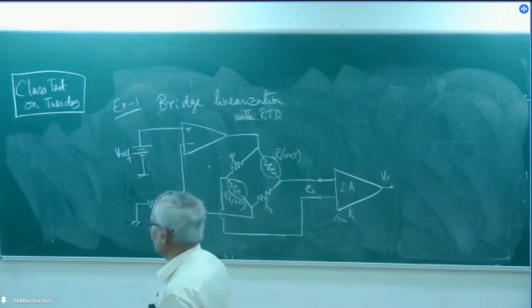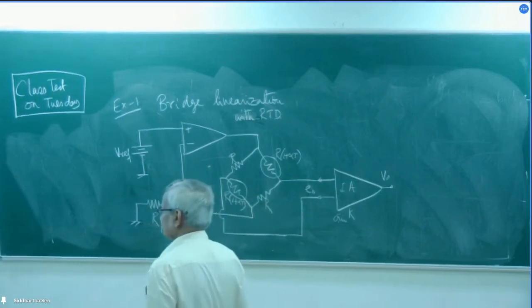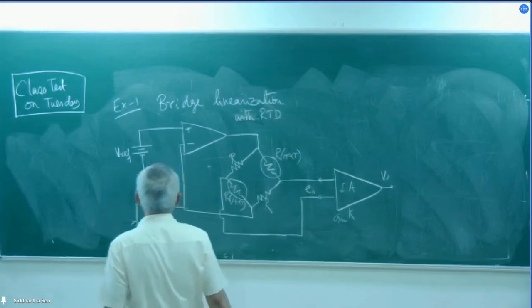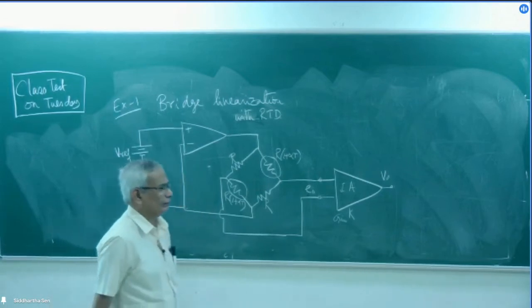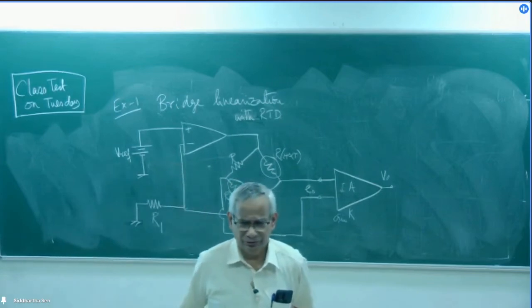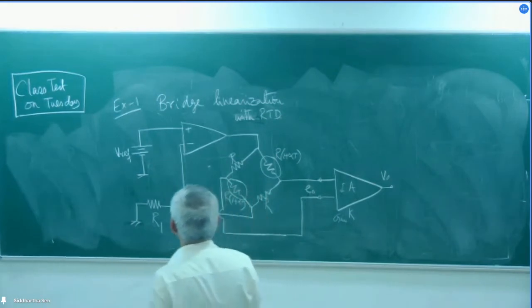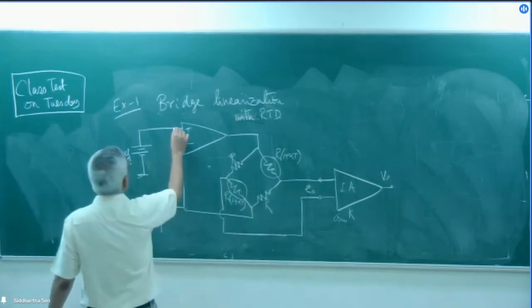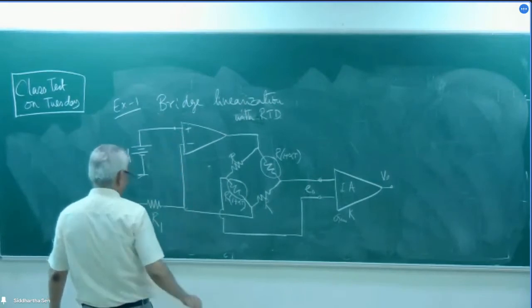Okay, if nobody is responding, I would solve this one, but don't think that the tutorial class is only about solving and doing worked-out examples, but still I would say it. So what is the voltage here? It is Vref.